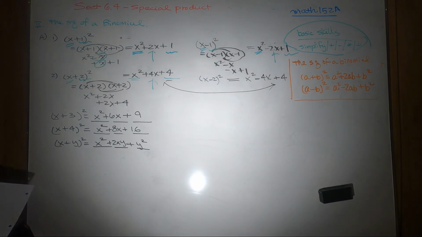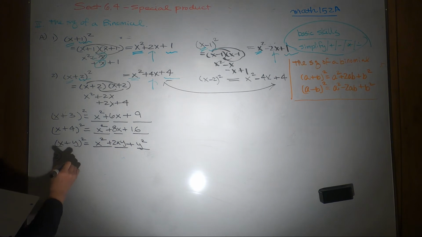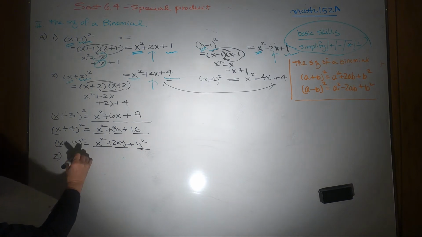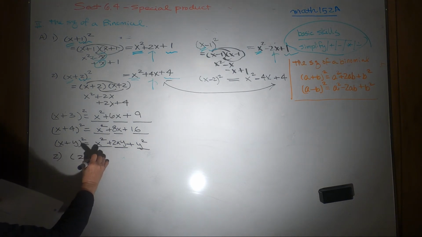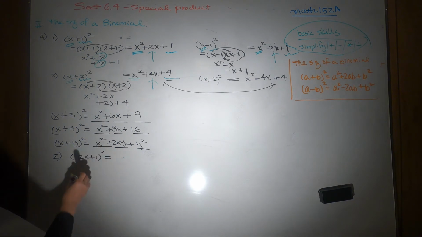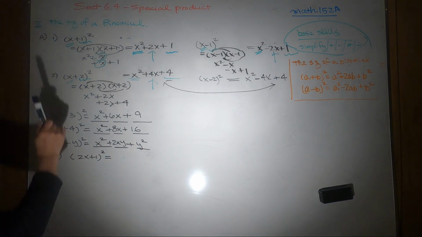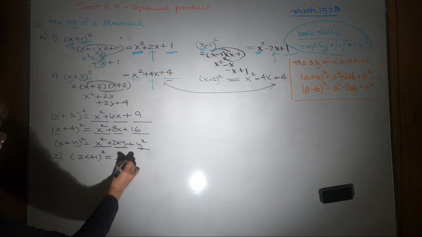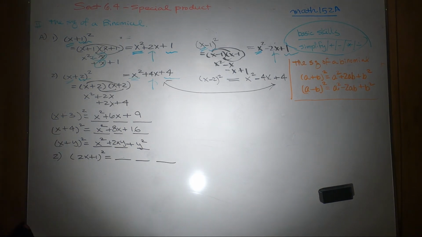Then let's look at page 43. We have more examples. So we just do the addition ones. Then on the right hand side, subtraction will be the same. So it's the square of a binomial. We should have a trinomial, right?